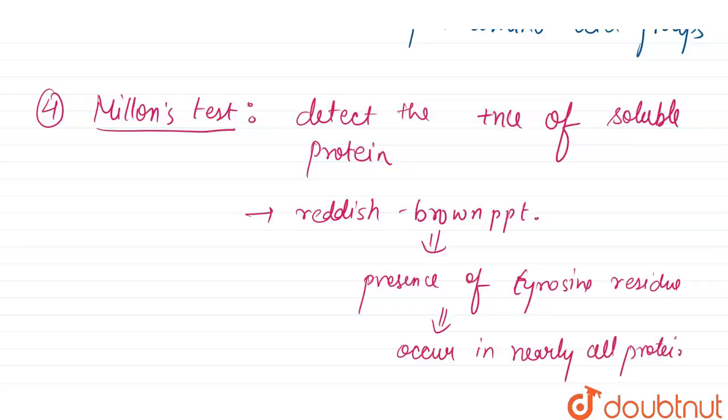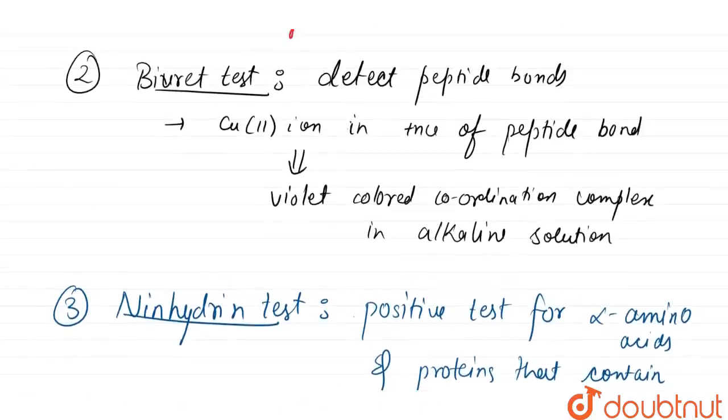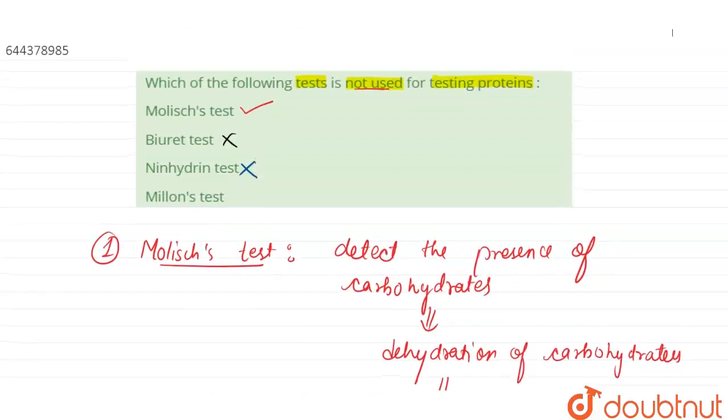So this is used in detection of proteins. That means this option is also wrong, because we have to find out the test that is not used for testing protein. So Molisch test is only used for the presence of carbohydrates.